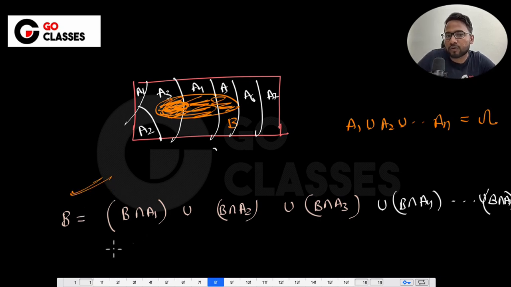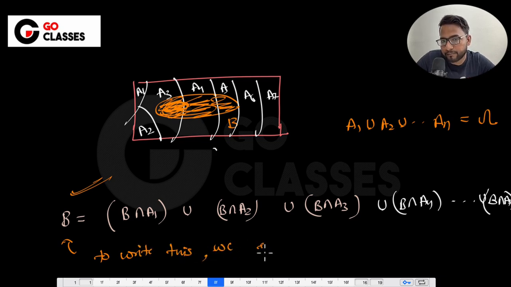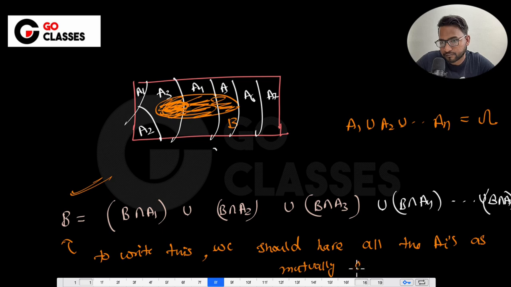To write this, we should have all the Ais mutually exhaustive, meaning they should cover all the sample space.